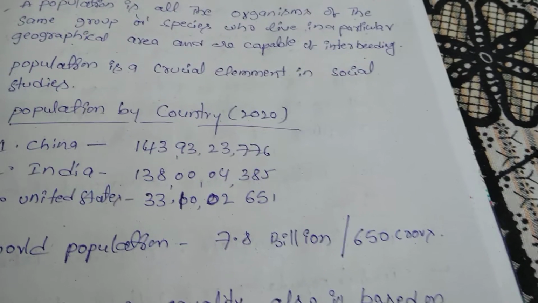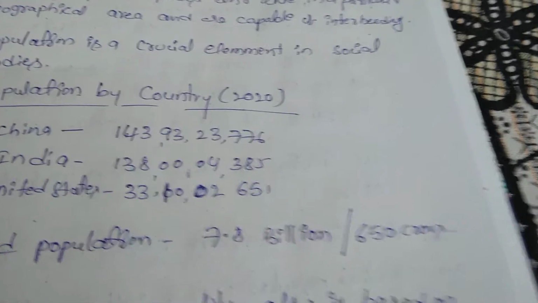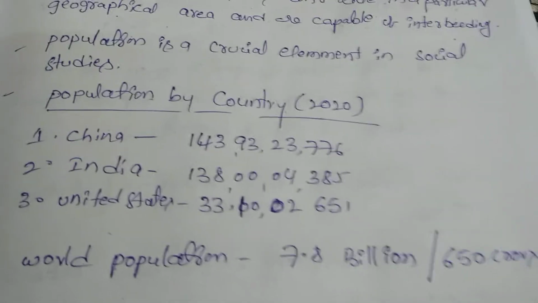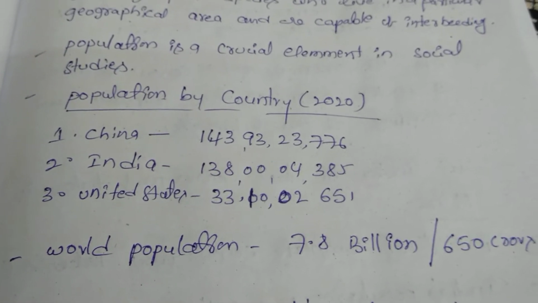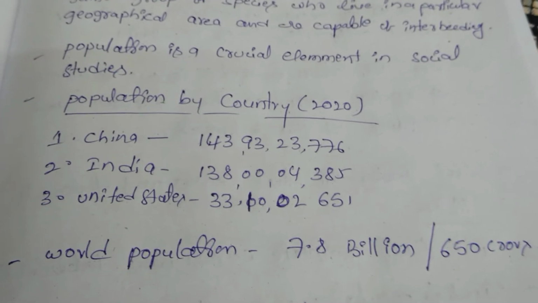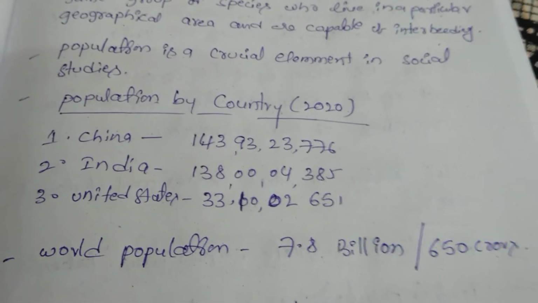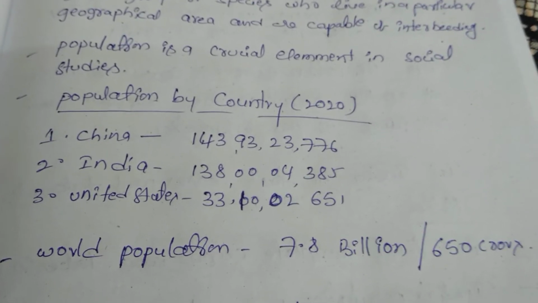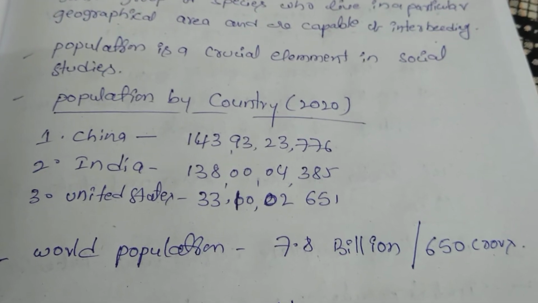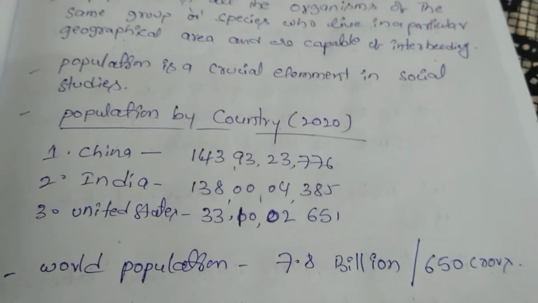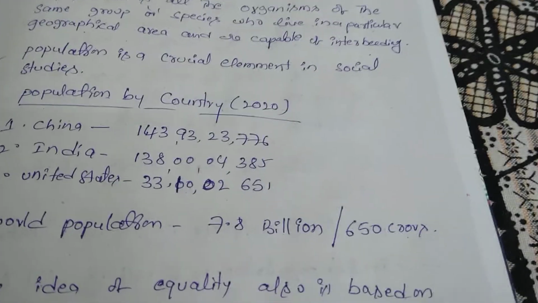Okay, so why we calculate population in a country regularly? Because population is a crucial element in social studies. To implement any scheme in the country and to know the conditions of the population, people, living standards, job opportunities, sharing the resources, all these depend on the population of the particular country.